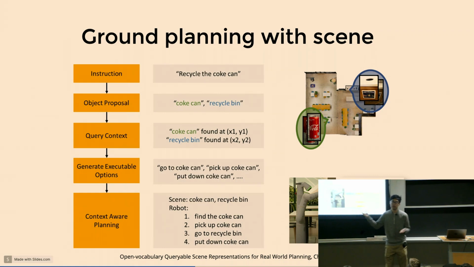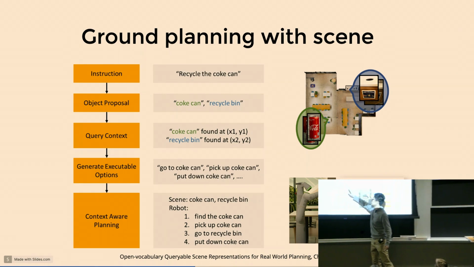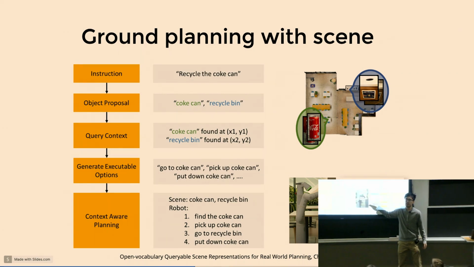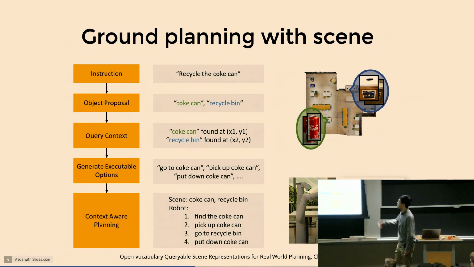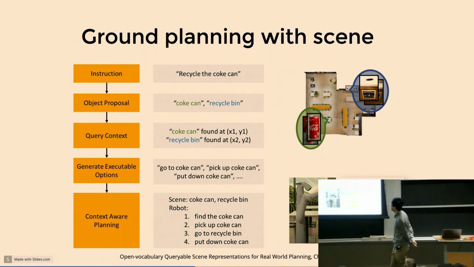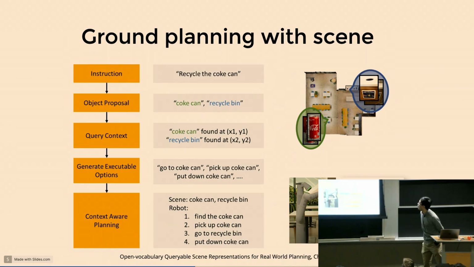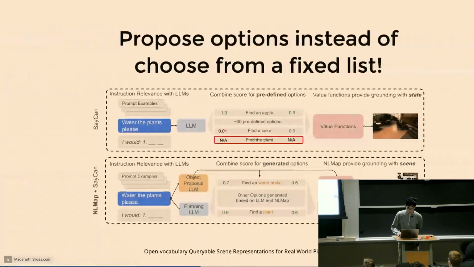Notice it's quite different from SayCan itself, because in SayCan you have a predetermined list of executable options, like pick up apple. Here instead, given the object name proposed, it generates these executable options and tries to call relevant policies. Finally, using the same way as SayCan does planning, we can generate the plan based on what's actually in the scene.